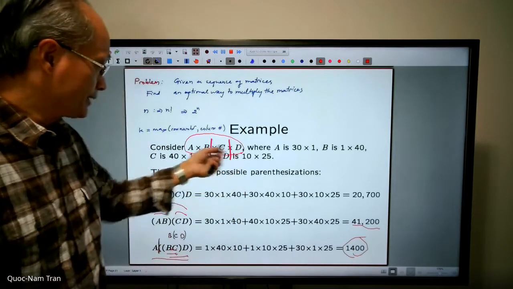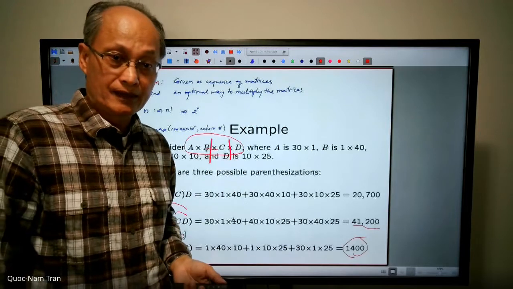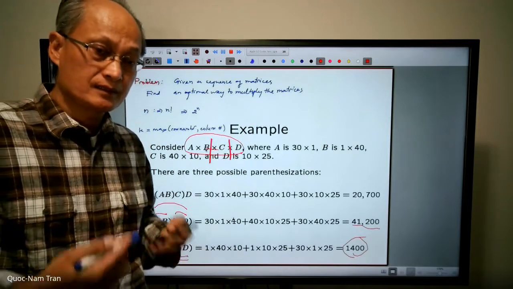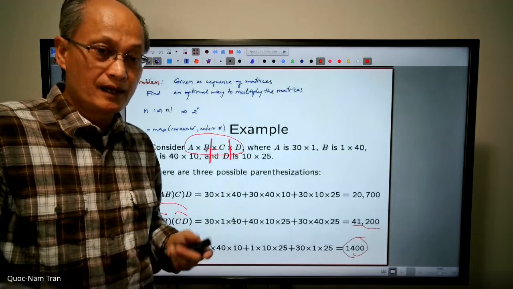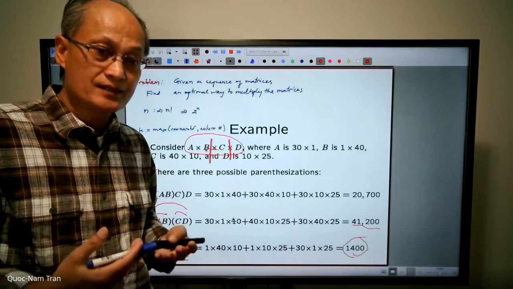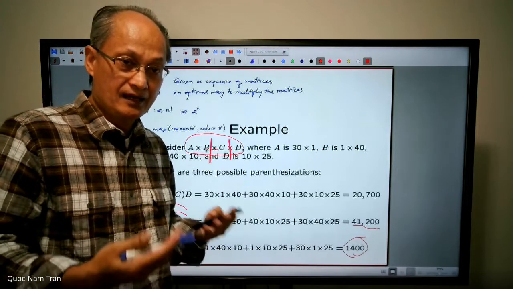We have 4 matrices, just try every possibility. But trying every possibility is not a way we should follow, because computer scientists like us cannot afford that kind of naive solution.